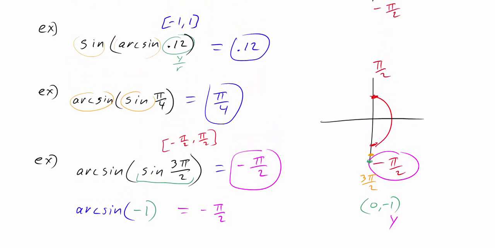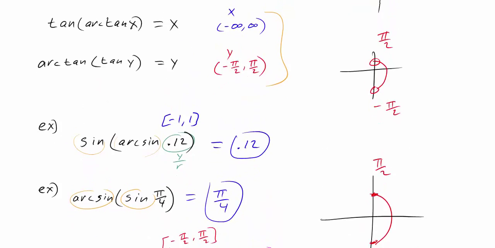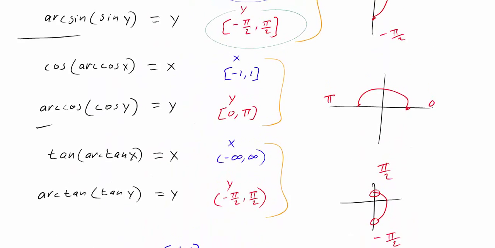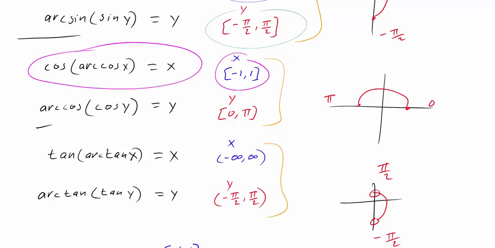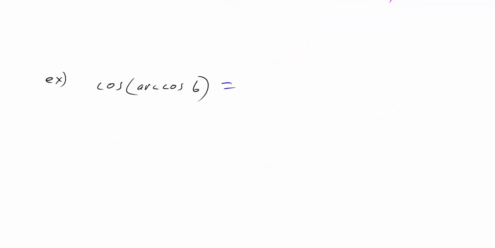Where does that have to be? Well, if we go up here, in our cosine function, the cosine of our arc cosine, our x value has to be from negative 1 to 1. So if we go down here and look, this value has to be from negative 1 to 1 in order to take the arc cosine.